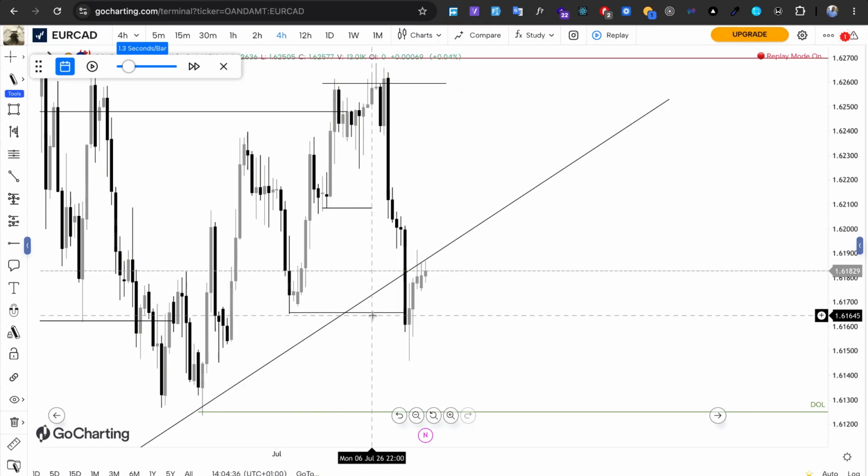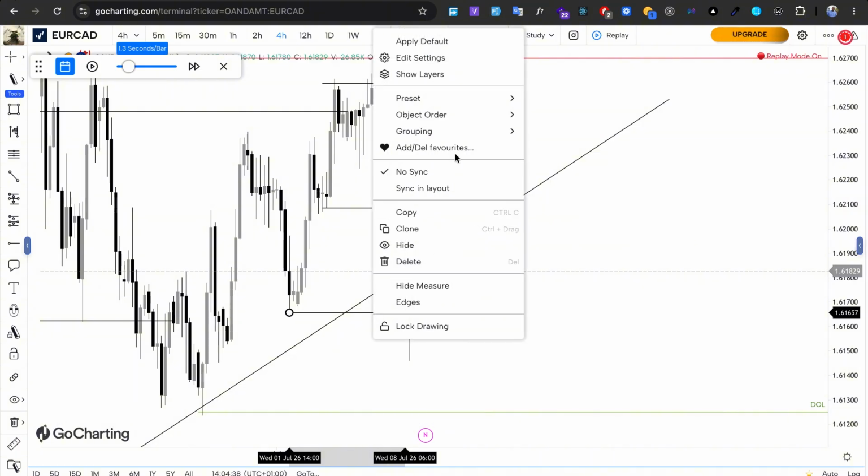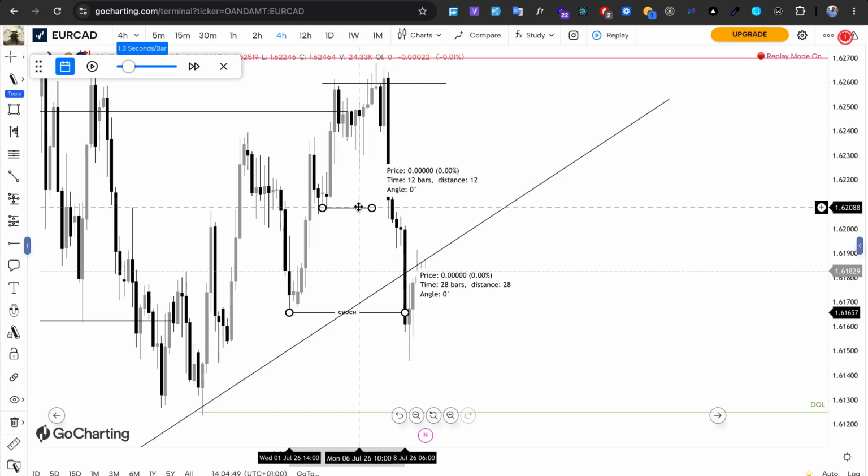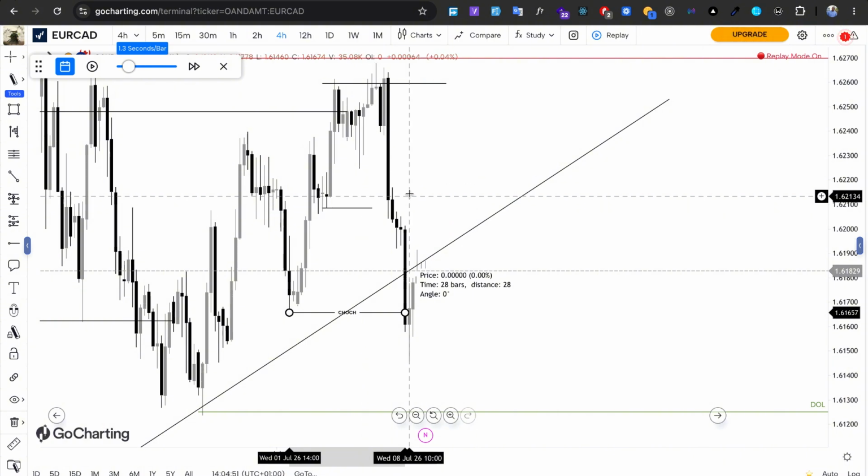So this is like a change of character, because it broke with a body. And we know that there's a 1 hour CISD here, a change in state of delivery here.